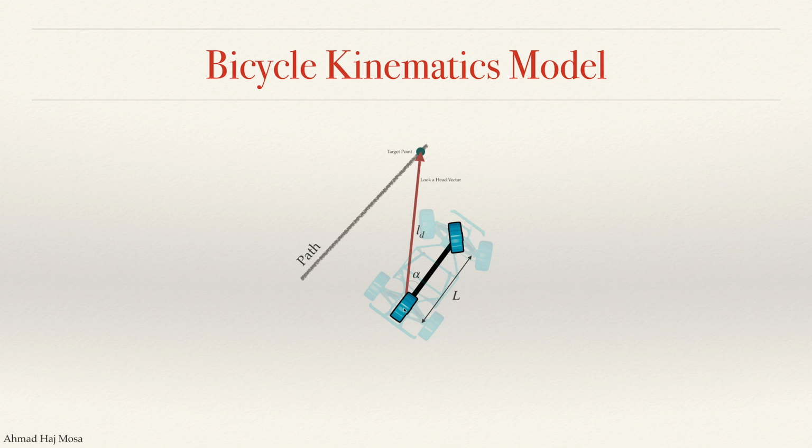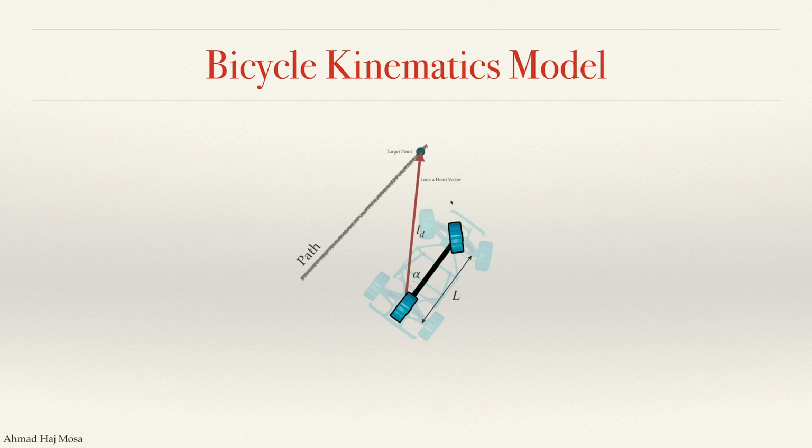Then we select the point that is ahead of the vehicle, which means it is located after the front wheels. This is the first approach.